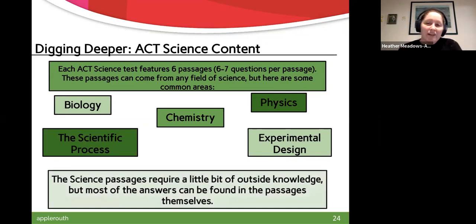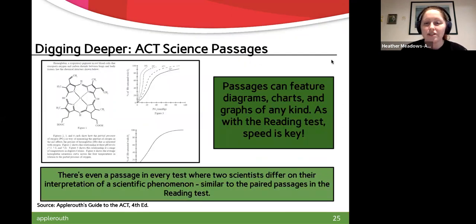They require a little bit of outside knowledge, but like I said, you don't have to know everything. Most of the answers can be found in the passages themselves. Passages can feature diagrams, charts, graphs, any kind. As with the reading test, speed is key, so we want to be able to skim through these easily. There's even a passage where 2 scientists differ on their interpretation, really similar to a comparison passage in the reading section.